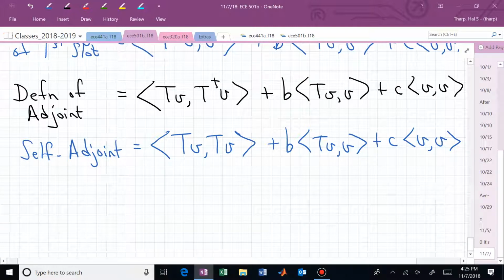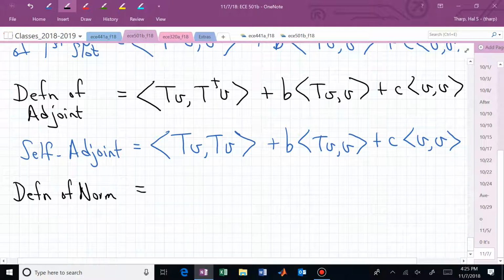When the first slot and second slot are the same, we can view that as a norm, or the norm squared. So the definition of the norm says the first one is just the norm of TV squared. The second one I can't simplify because the first and second slots aren't the same.